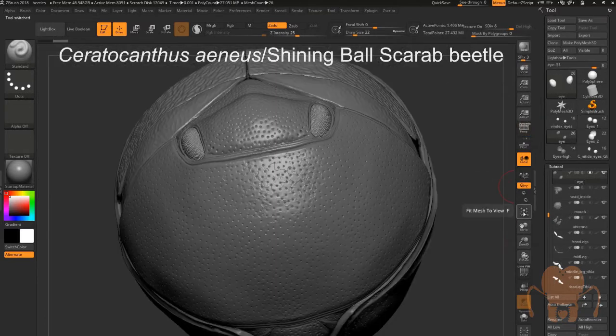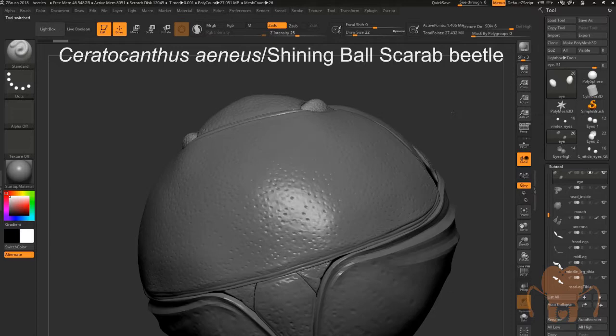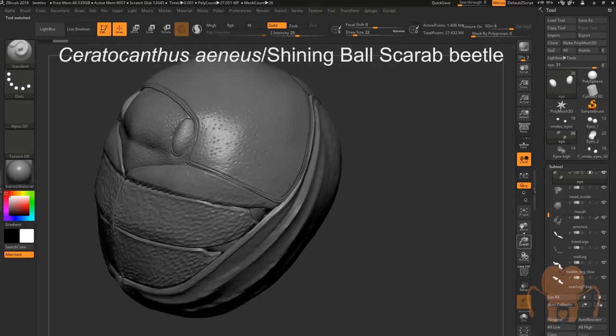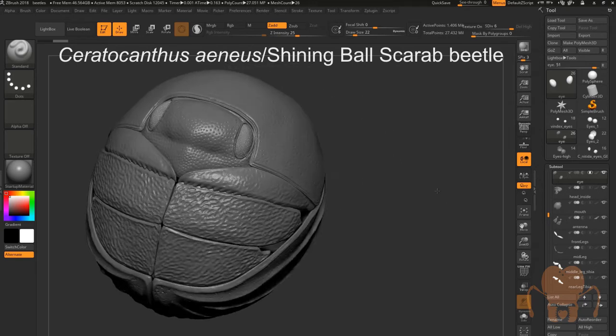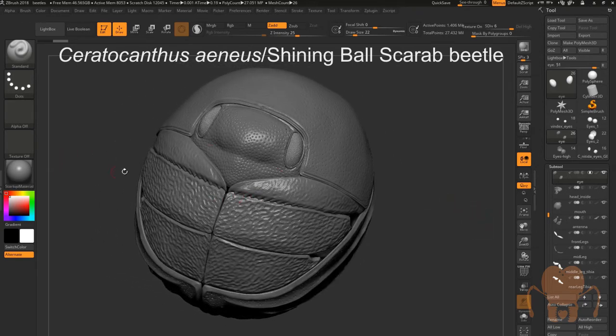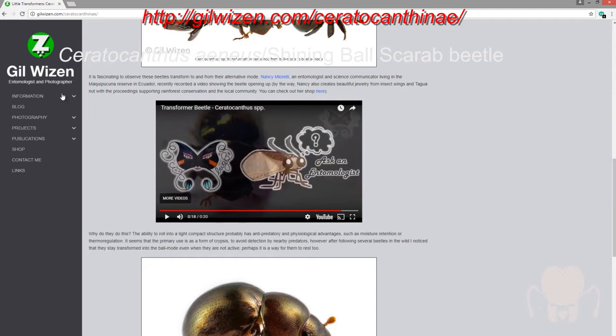So this is a really interesting beetle that I'm working on. It doesn't look like a beetle because it's all rolled up into a ball. This is actually one of the harder models that I've ever done because of the fact that it rolls up into a ball. But what I want to show you is that if you check out Gil Wizen's blog, he has an awesome blog.